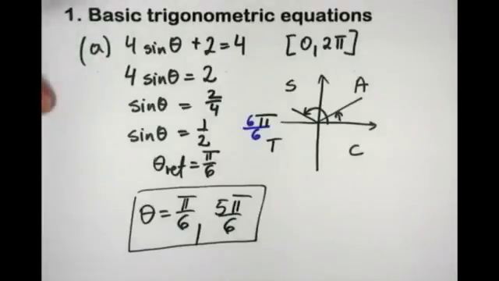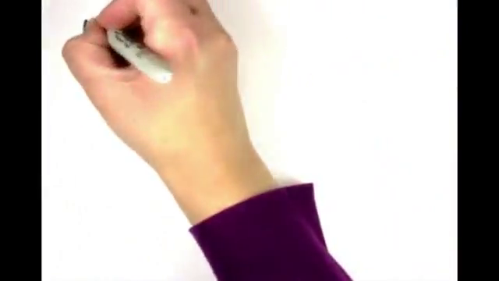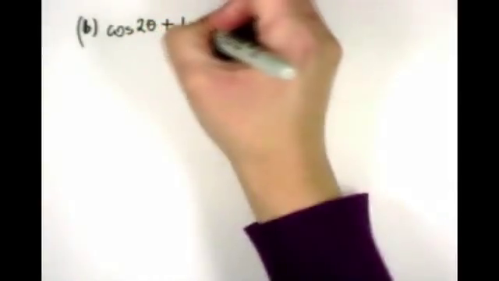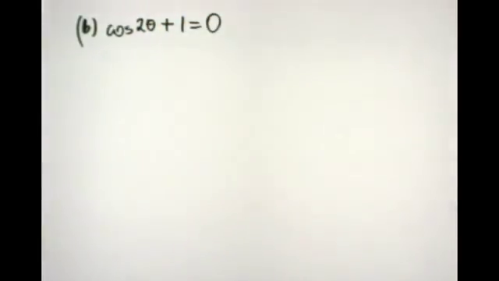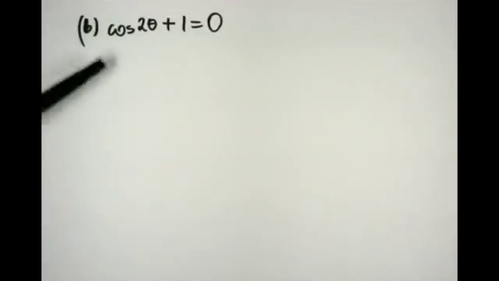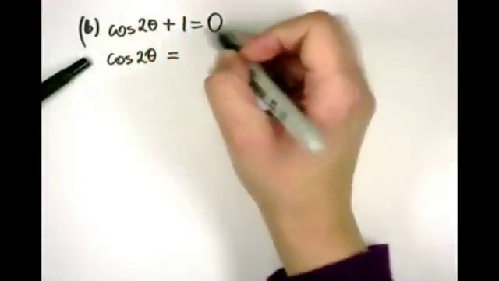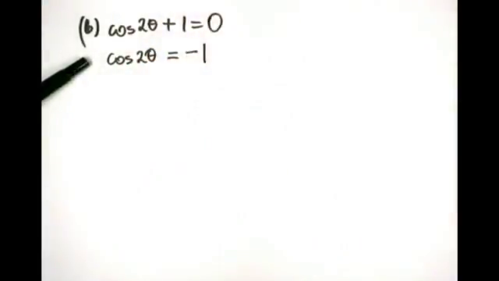B, from basic trigonometric equations, we have cos 2 theta plus 1 is equal to 0. I bring the 1 over to isolate cos. So we have that cos 2 theta is equal to minus 1.